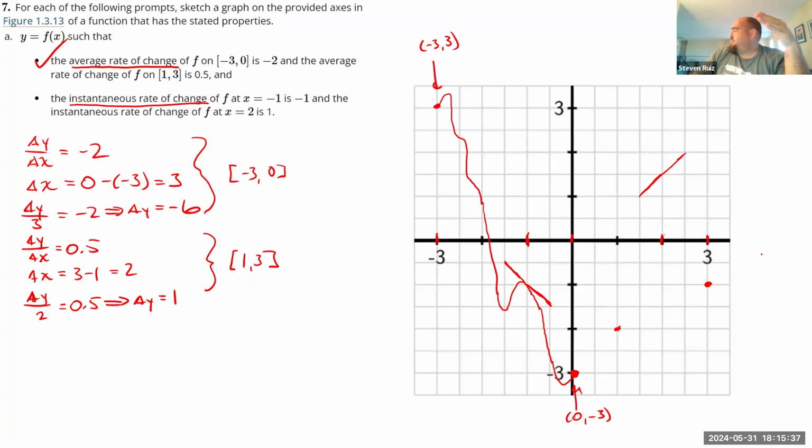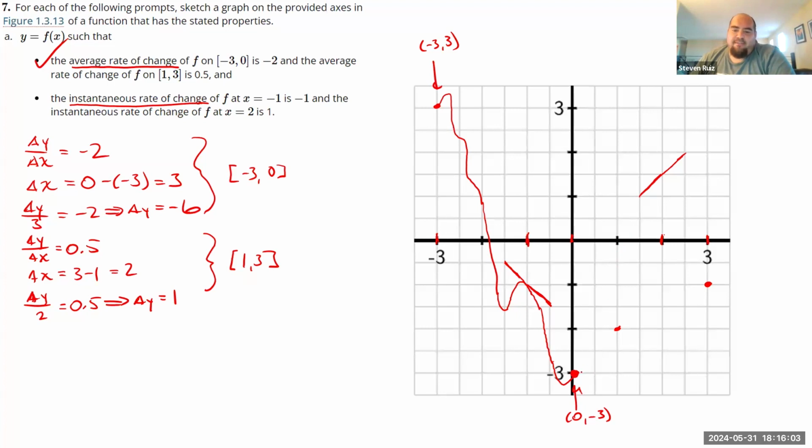The average rate of change is only governed by what happens at the endpoints of that interval. From x equals -3 to x equals 0, I want my function to decrease by 6 total units. I took a strange approach to make that happen, but it did do it.